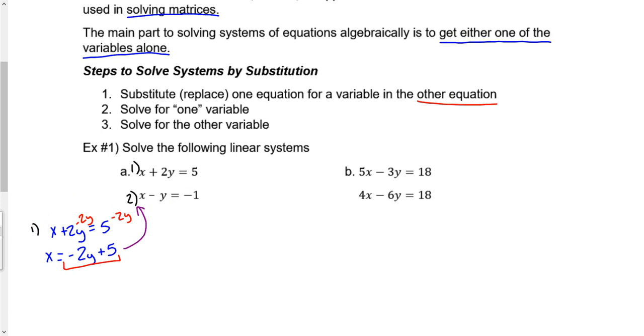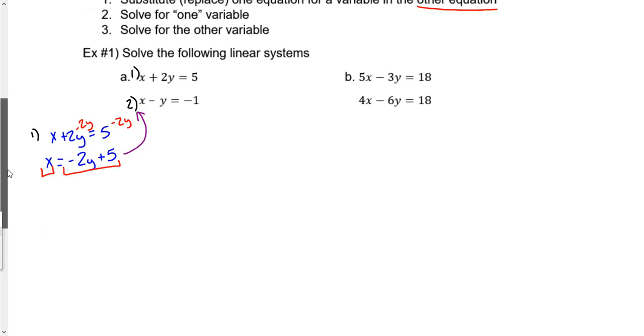Now the beautiful thing, or the thing that we're looking for, is we have x equal to something. x equals negative 2y plus 5. Well, in equation number 2, we have x subtract y equals negative 1.